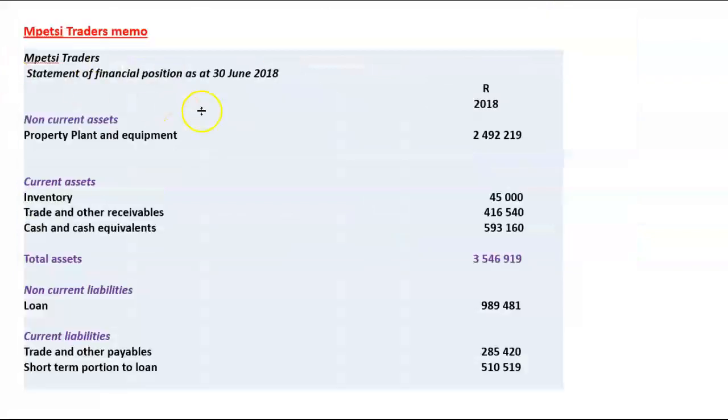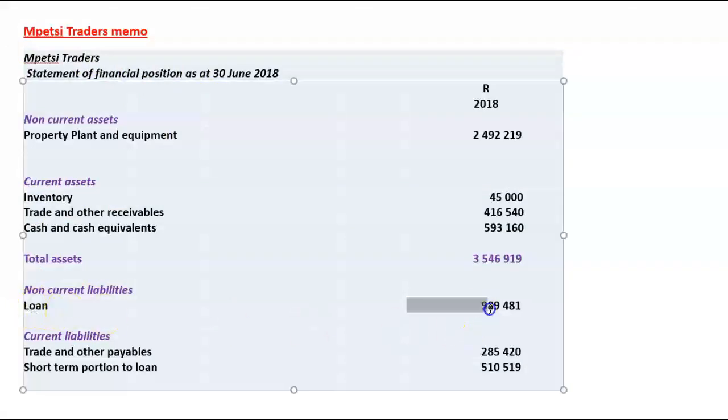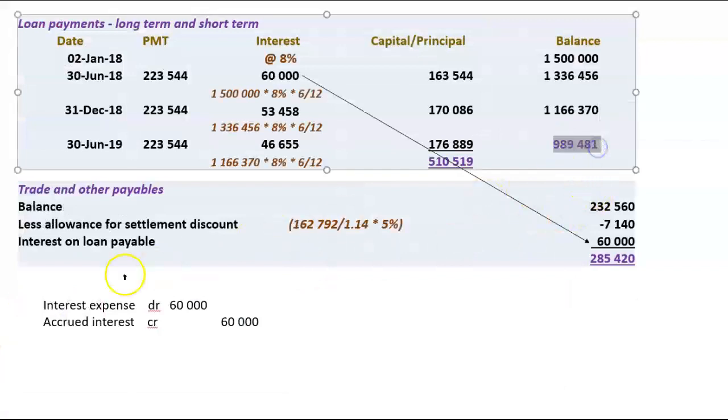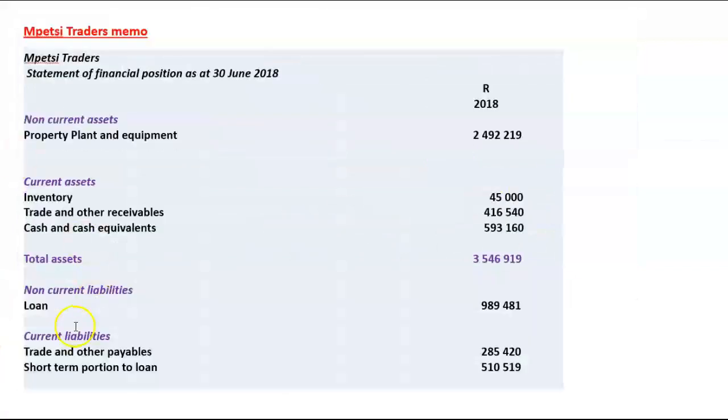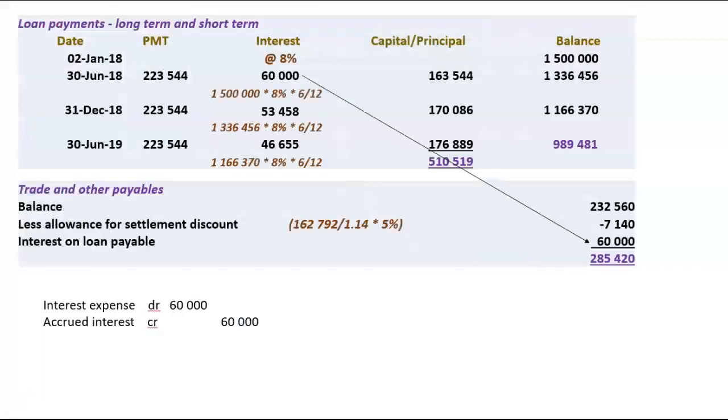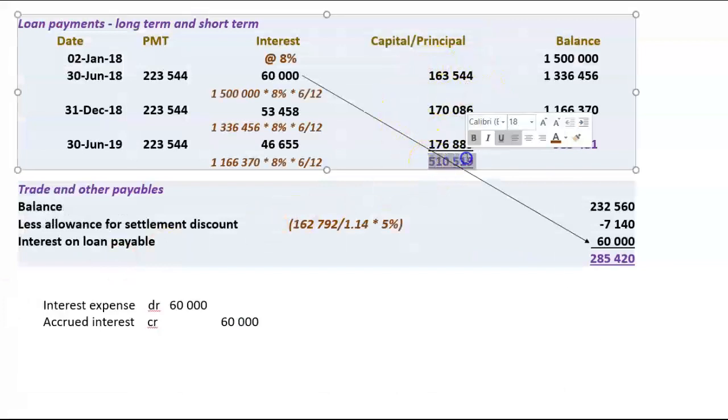So going to my statement of financial position, under non-current liabilities, long-term loan, I'm going to show the 989,481. And under current liabilities, short-term portion of the long-term loan, I'm going to show the 510,519, which equals those three capital payments in the next financial year.